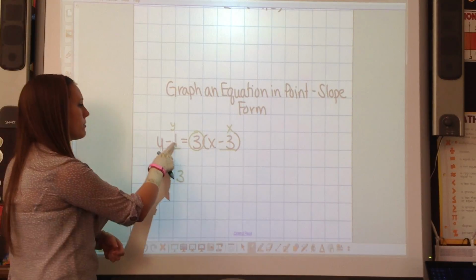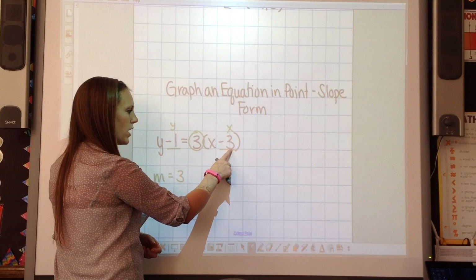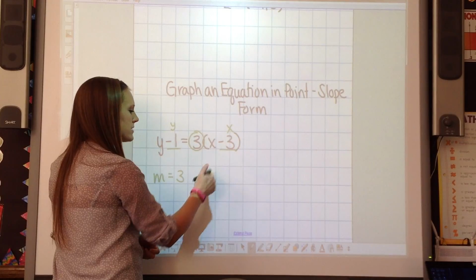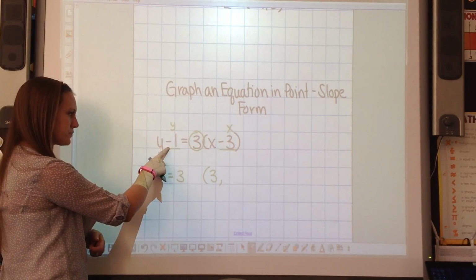The formula says y minus y1 equals m times the quantity x minus x1. So this is already in the formula. That means that this is a positive 3.